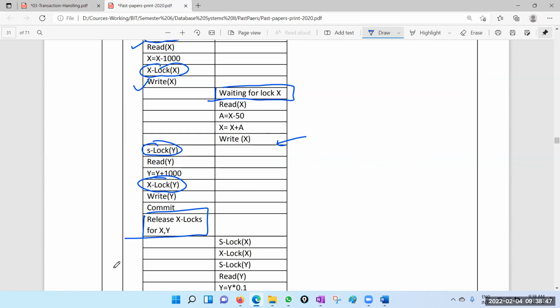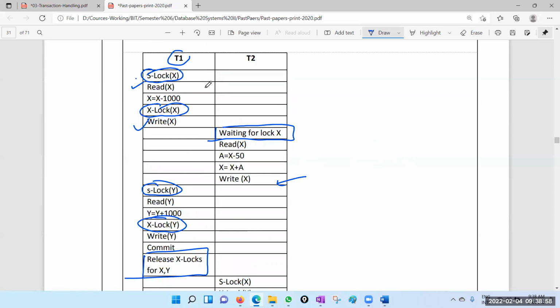That means you can release the shared lock and the exclusive lock of X, and the shared lock and exclusive lock of Y. Okay, in reality, it can do a lock upgrade also, because once you are done with that, if you want, you can release the shared lock and get the exclusive lock.